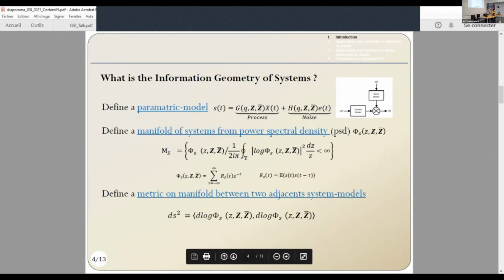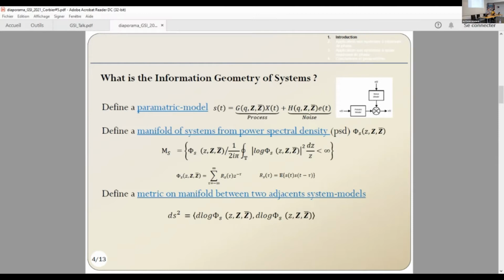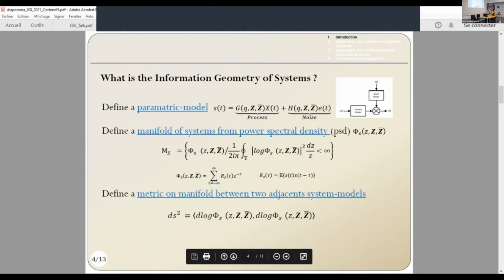The final step is to define a metric on the manifold between two adjacent system models, and we use the logarithm of the power spectral density, the cepstrum, as the capstone. This is a classical tool in signal processing.